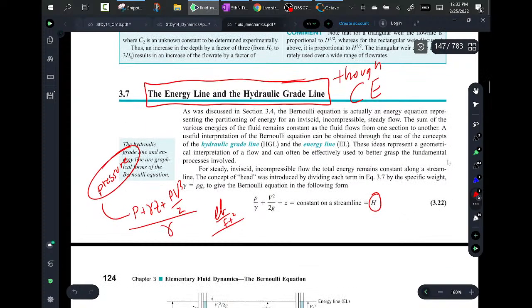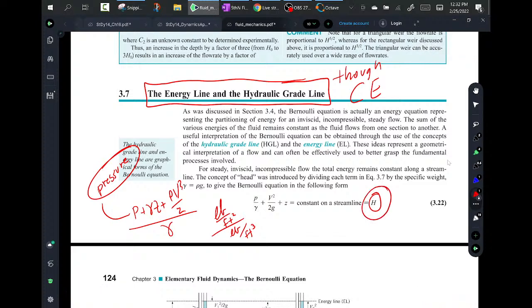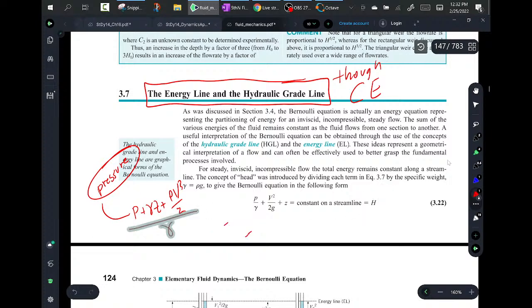You're going to divide by gamma, which is pounds per cubic foot. Comes up with units of height. And it turns out that's a very, very convenient way to view things, because you can look and see a height difference. You can visually see it.